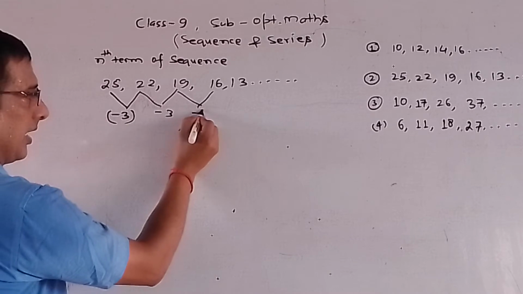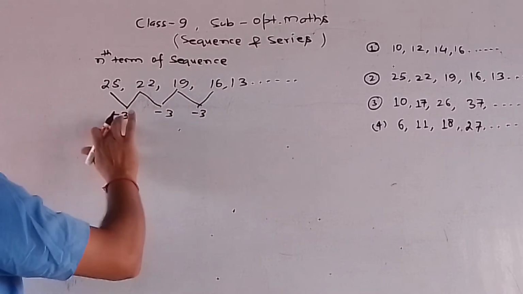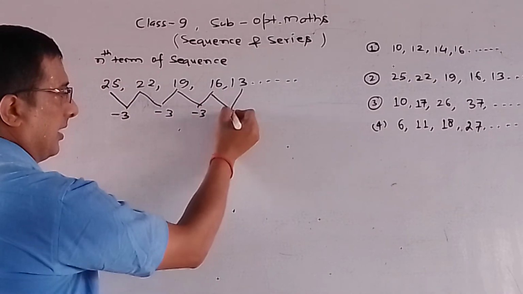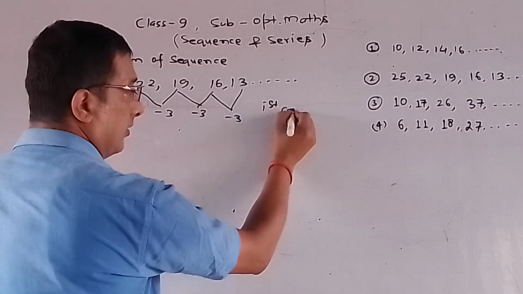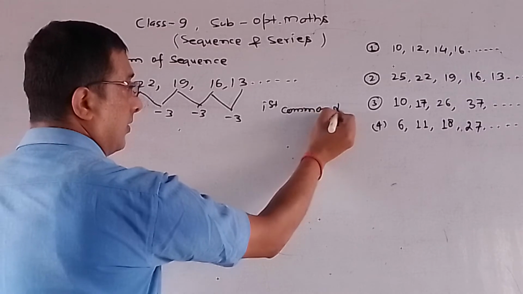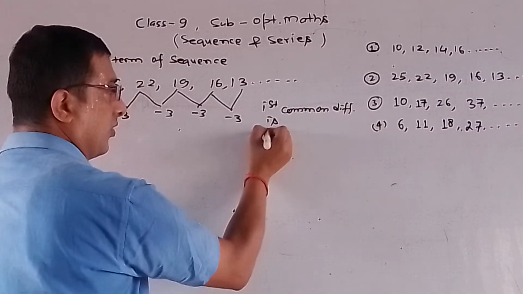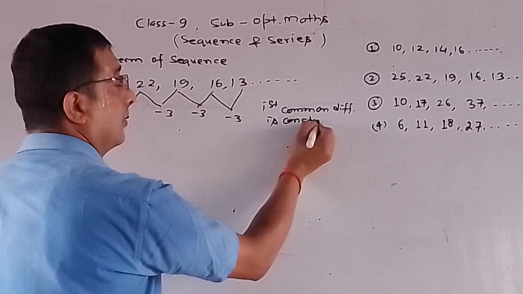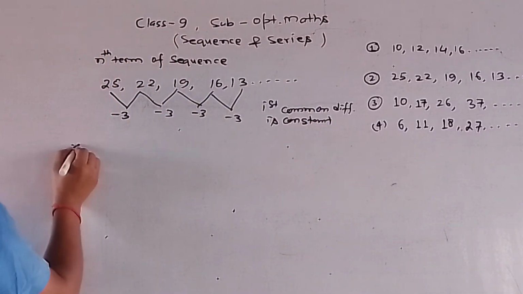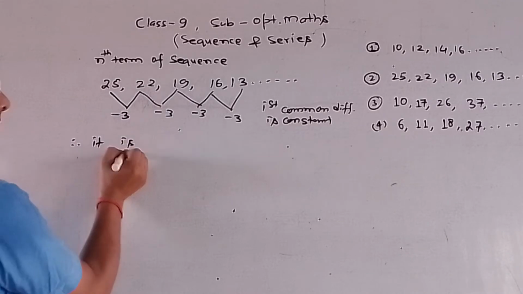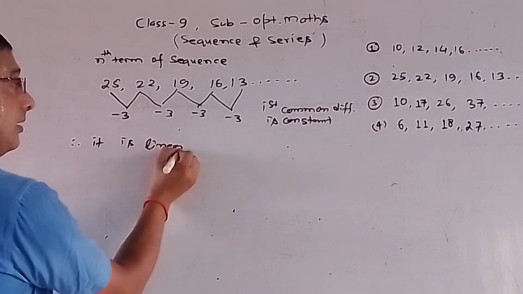Here it is minus 3, so the first common difference is constant. Then it is a linear sequence.